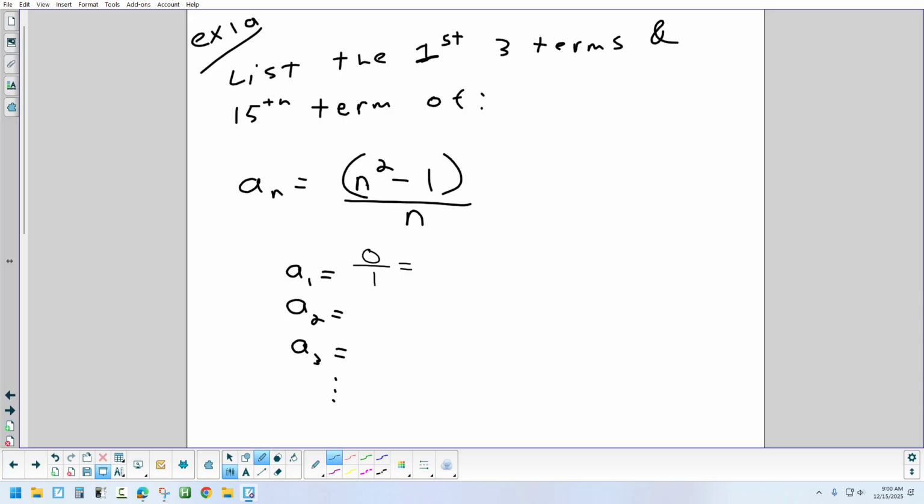The only way you would get 1 in a fraction is if the top and the bottom are the same. 0 divided by 1 is 0. And on a test, if you leave it as 0 divided by 1, you're not going to get credit for that, because I don't know if you know what 0 divided by 1 is. So make sure you simplify it as much as you can. All right, so that's the first term in this sequence, 0.